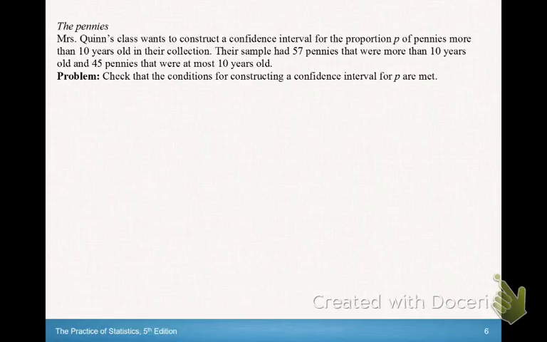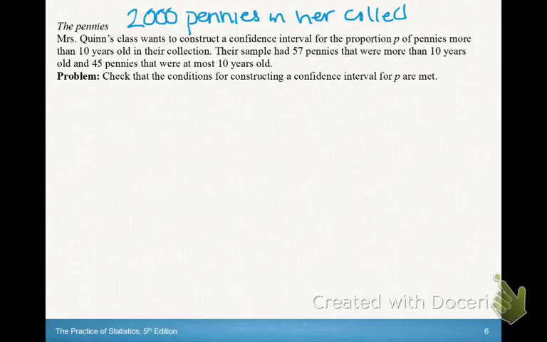We are not given some information here that the book assumes we know, and I'm not sure how they were supposed to assume that. But one of the things we need to know is that Mrs. Quinn had 2,000 pennies in her collection. So that's our population size.